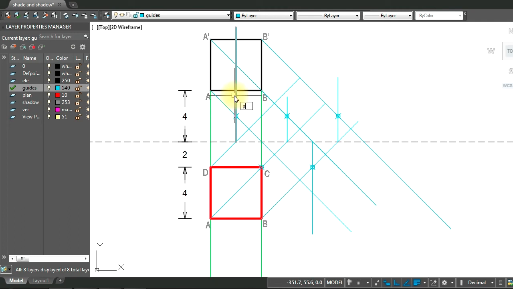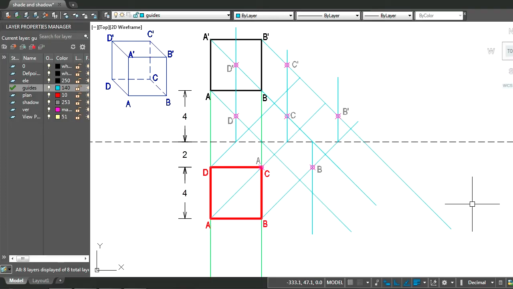So this point is now D dash, and C, so C dash comes as an extension of this, right? So C going up from above, C being behind B or B dash, we use this light ray. So this is point C dash.